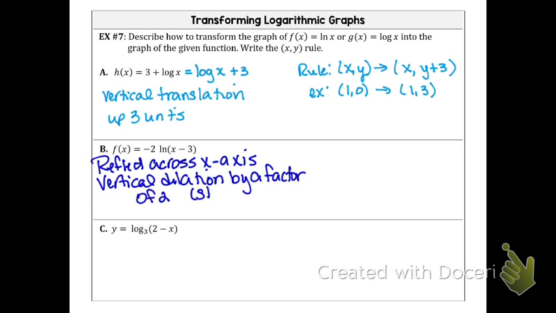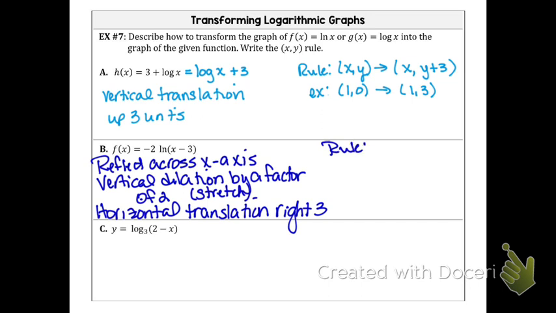So that's going to be a stretch. And then the 3 is going to be a horizontal shift or horizontal translation. It's a minus, so we're going to go to the right 3.